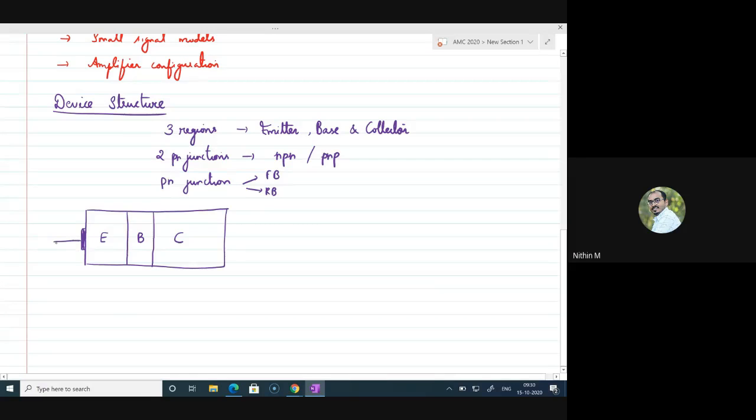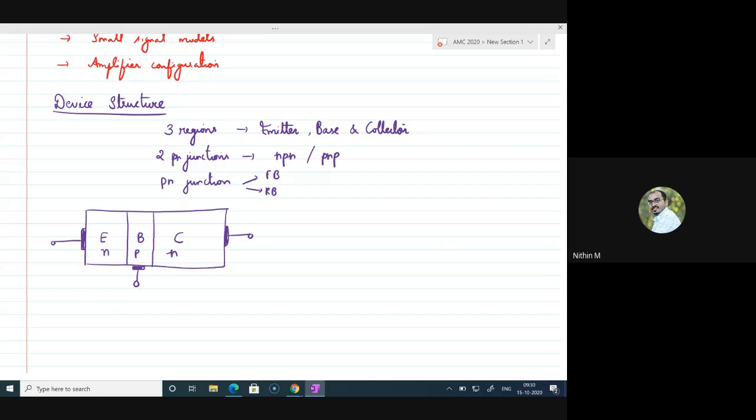This is the emitter region, this is the base region, and another terminal is taken from the collector region. All are semiconductor regions. The only difference is it will be either NPN or PNP. From the structure itself, I have made a difference in emitter, base, and collector to make it very clear that we cannot interchange any of the regions in a BJT.